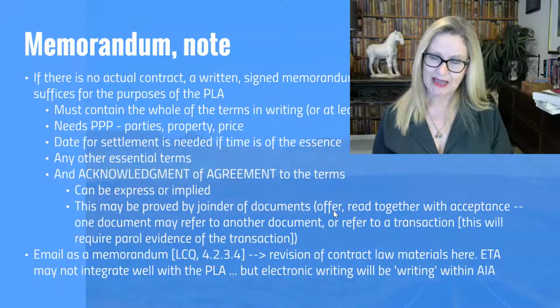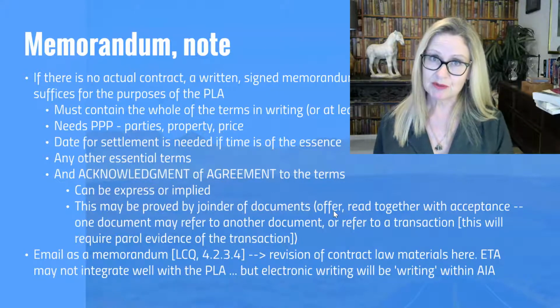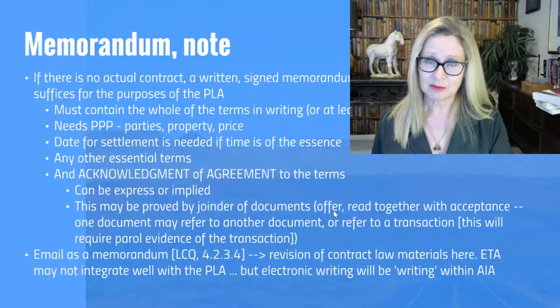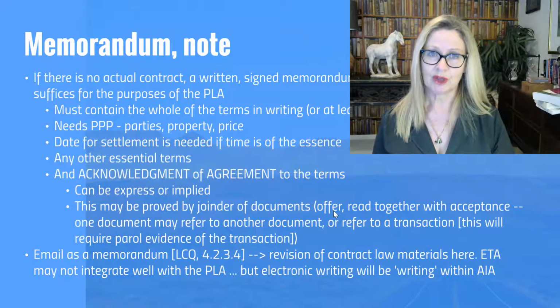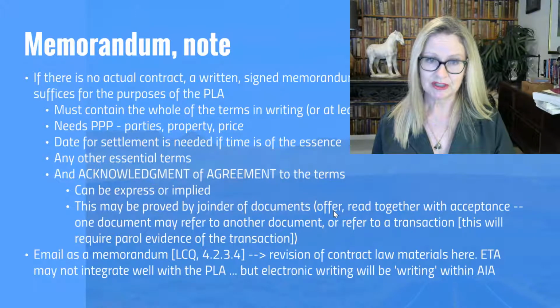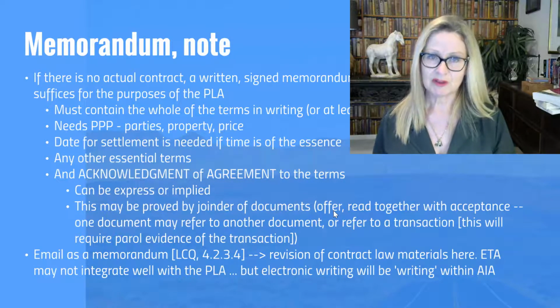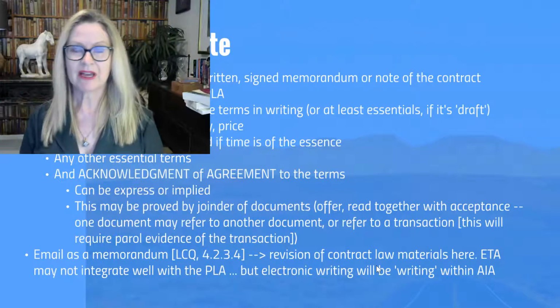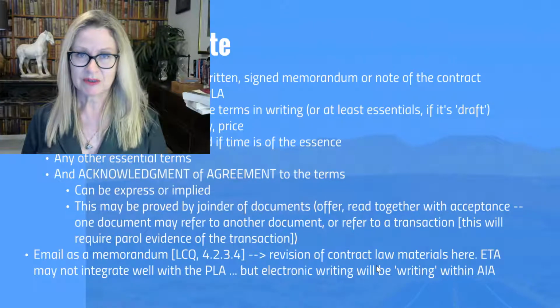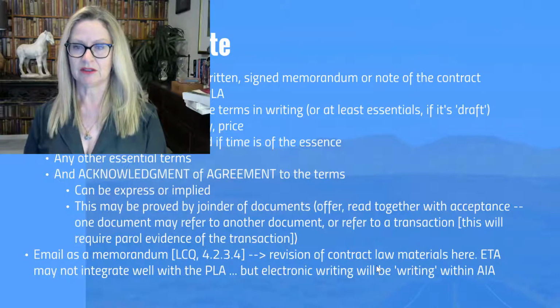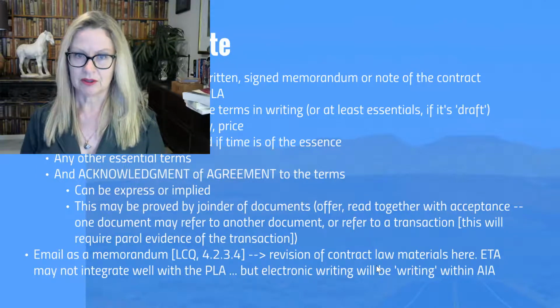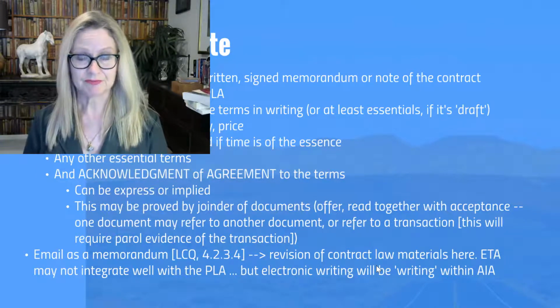You can use a number of different documents to prove this point if your client unfortunately ends up in court and needs to prove, for the purposes of section 59, that the agreement satisfied the PLA. So for example, you might have the offer being contained in one document and then a subsequent document constituting the acceptance in writing.